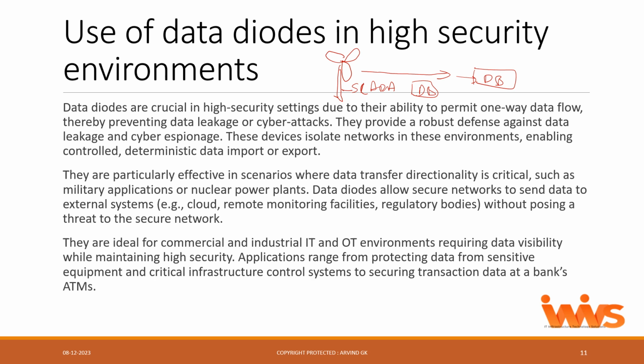In this scenario, you can put a data diode here. Let's call it DD, for data diode. If I put it here, then this data can come here. Essentially hundreds of such windmills will send the data, but they cannot access the data in return.